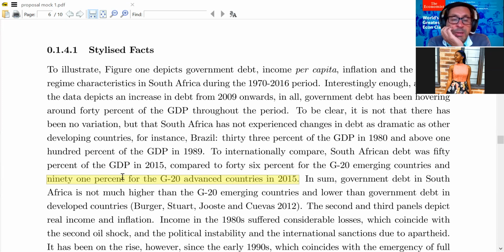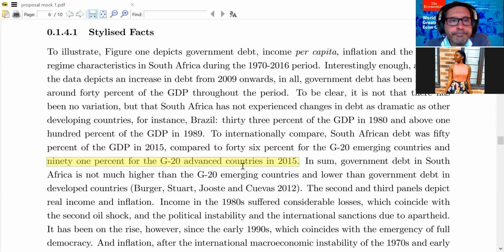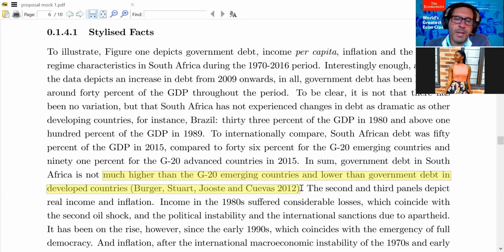They spend more than developing countries. Obviously, they spend more because they spend more on health and education, and infrastructure. There are no blackouts there or load shedding. In sum, government debt in South Africa is not much higher than in G20 emerging countries and lower than government debt in developed countries.